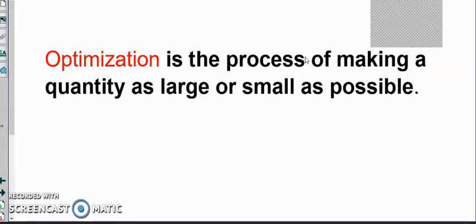So here, when we talk about our large part, we're talking about our maximums. When we talk about our low part, we're talking about our minimums. So when we go to our graphs, that deals with the max and mins, we're going to be using the graphing part to help us figure out what the max or min is.